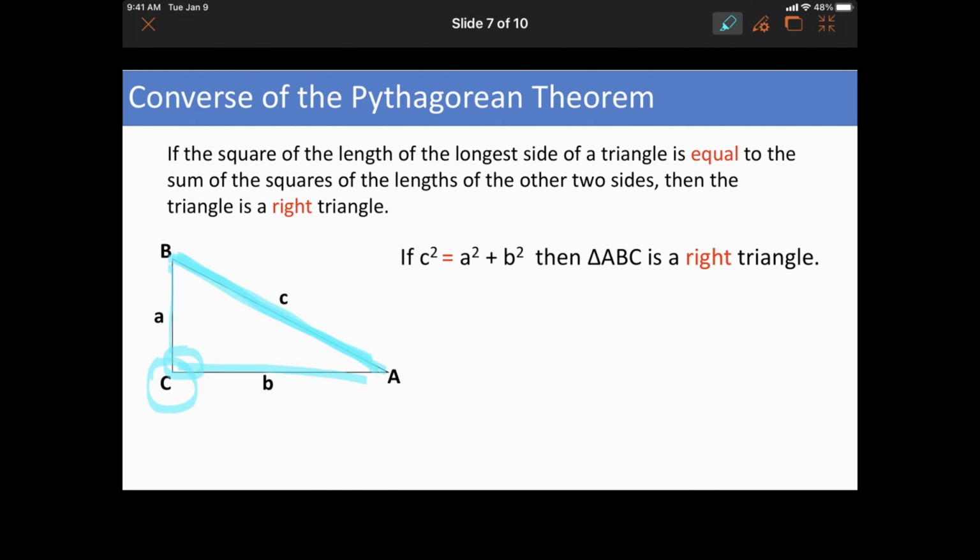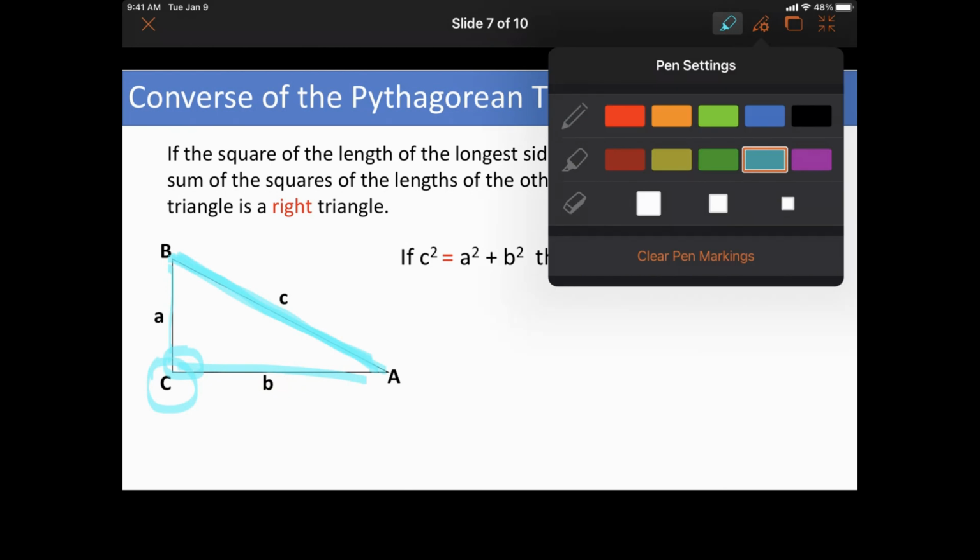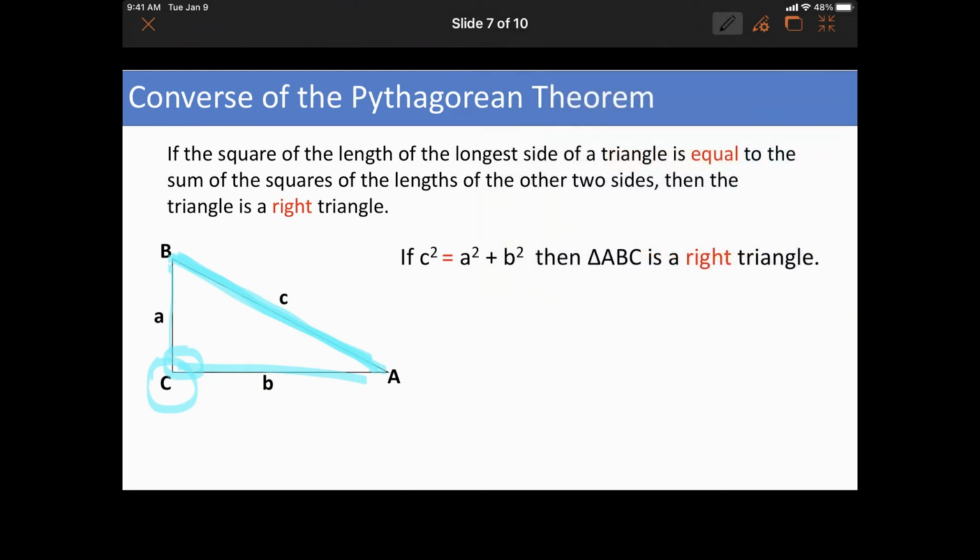They use this method in construction, and even to this day, they still use this method of using lengths to make sure that the angle is right, or what we call square. So we're taking this and we're going to see if this equals, then it's a right triangle.